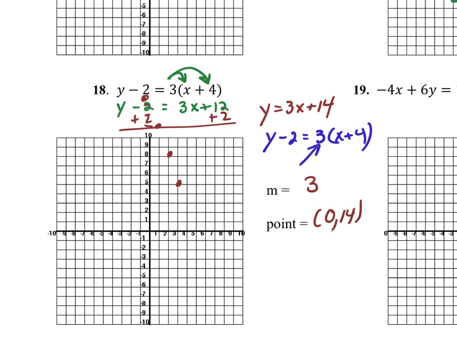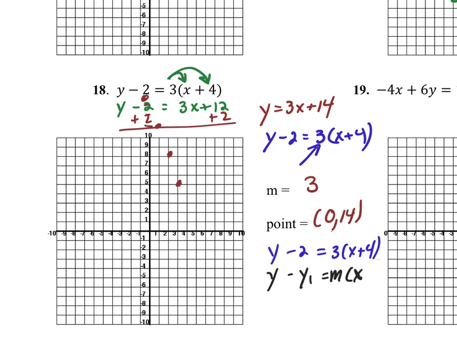Slope is 3, we can tell that. And if we compare the equation they give us to our point slope equation, right there, sorry. X2 right there.